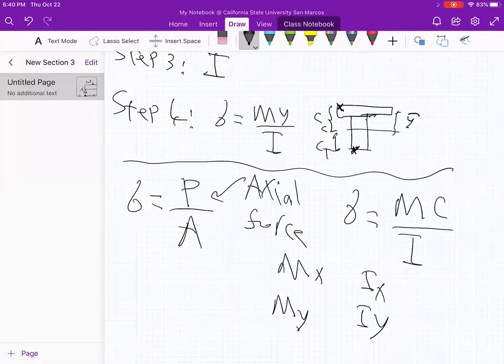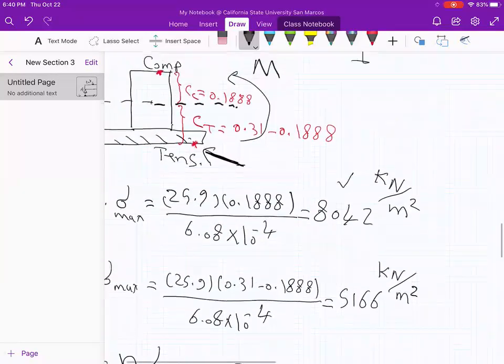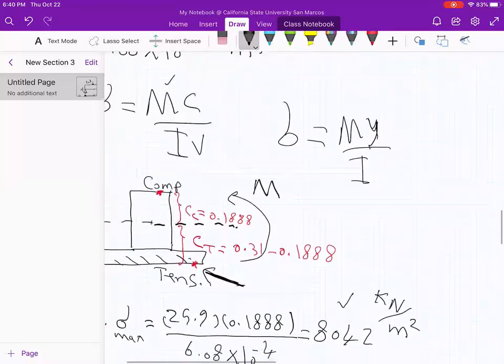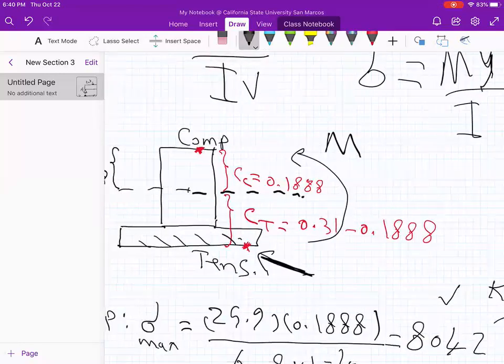Why did you only multiply? Yeah, I multiply this one because the first one is from this point in the wood region, and because at the top here we have wood, right?